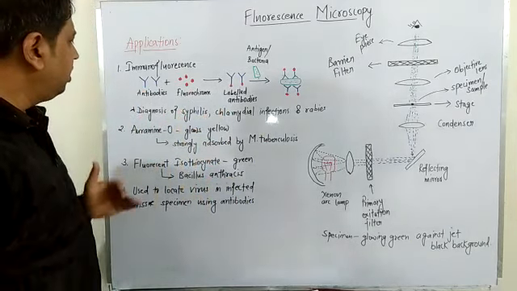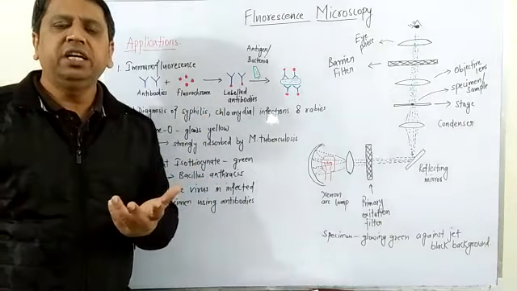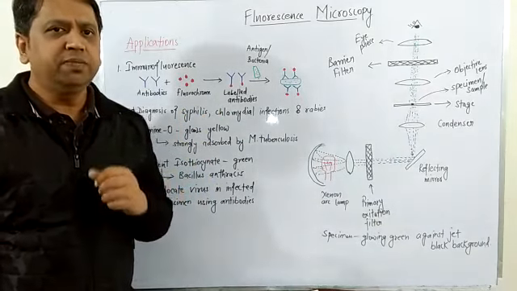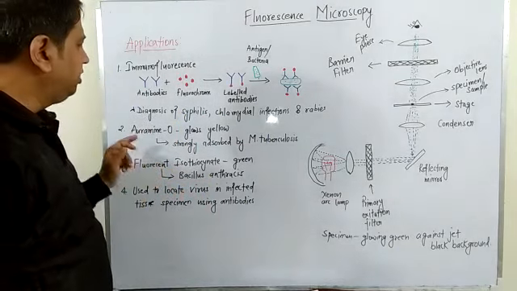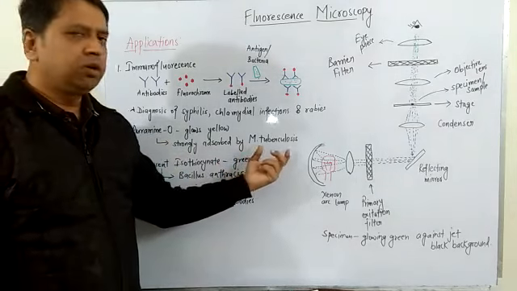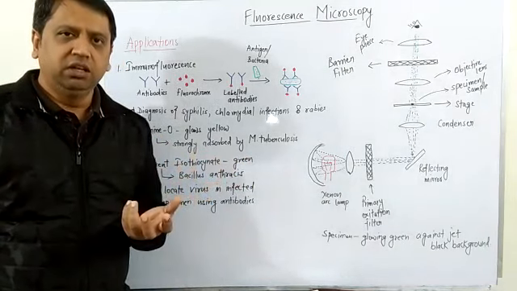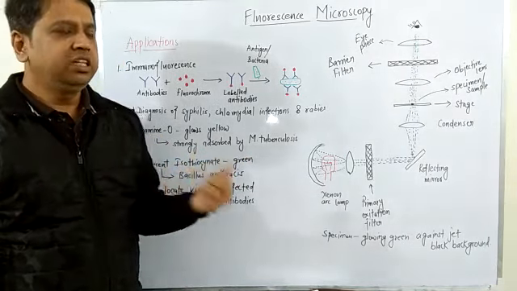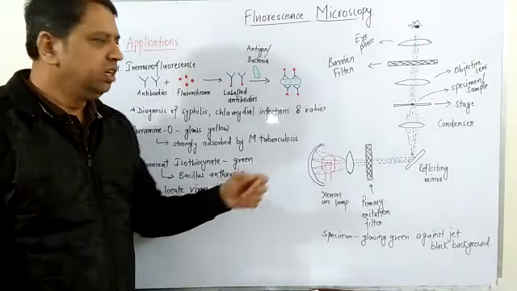The next application is identifying Mycobacterium tuberculosis bacteria. Using auramine O dye, the Mycobacterium tuberculosis absorbs this dye and glows in a yellow color, so we can identify its presence in this way.